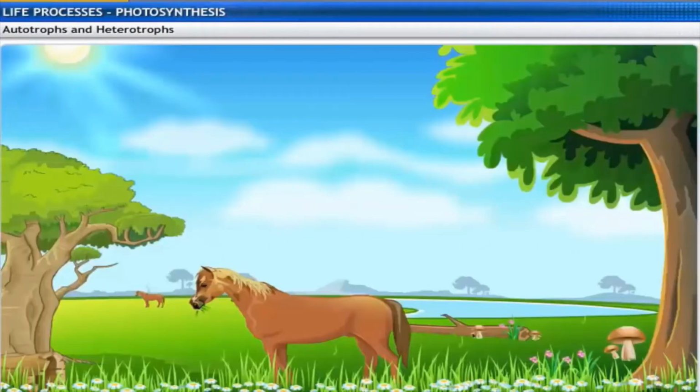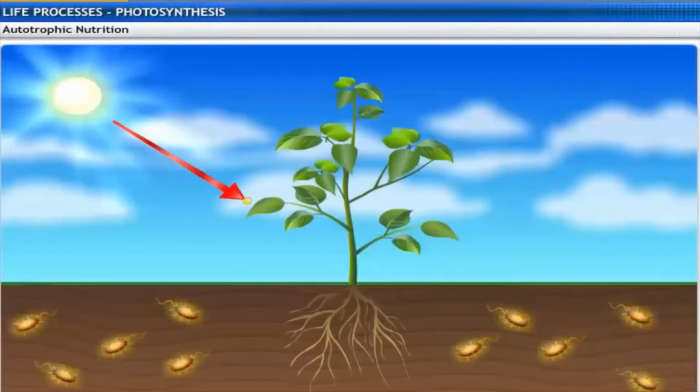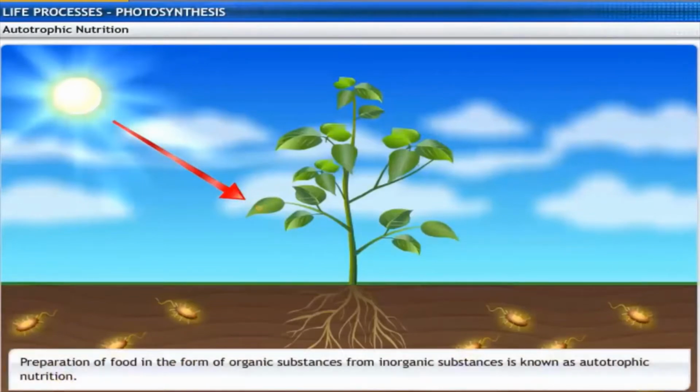The nutritional processes of living organisms are decided by how complex the organisms are. Plants and a few bacteria use inorganic substances to prepare their food in the form of organic compounds. So they are called autotrophs.